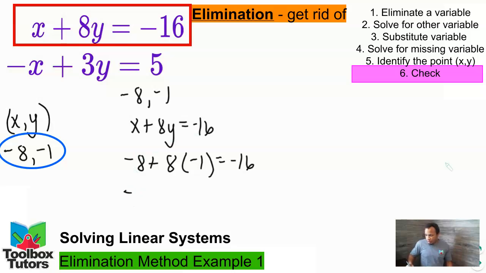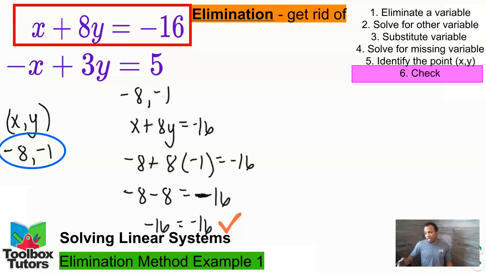So from here, bring down negative 8. Positive 8 times negative 1 gives us negative 8, and then equals negative 16. Now negative 8 minus 8 gives us negative 16 equals negative 16. That statement is true because negative 16 is equal to negative 16. So now we know that negative 8, negative 1 is on this line.